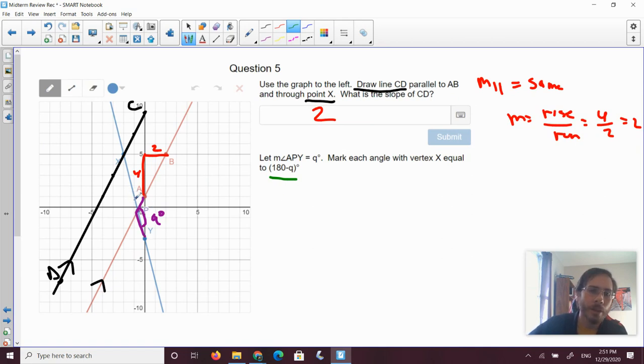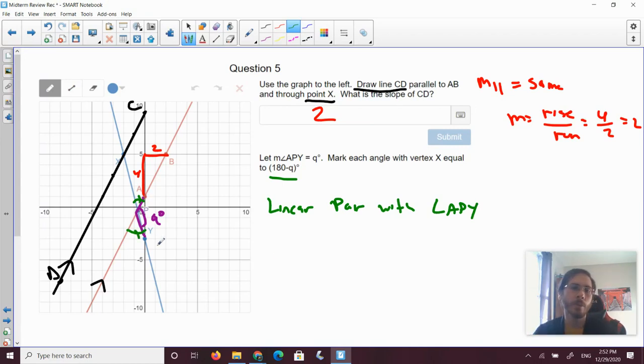So if I think about it, this one and this one are both 180 minus Q because they make a linear pair with APY. So that's what I chose to do at first, is I made a linear pair with angle APY. And that gave me these two angles right here.